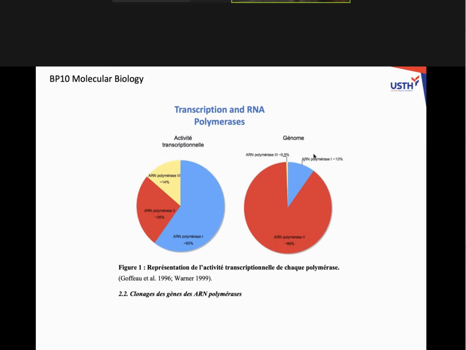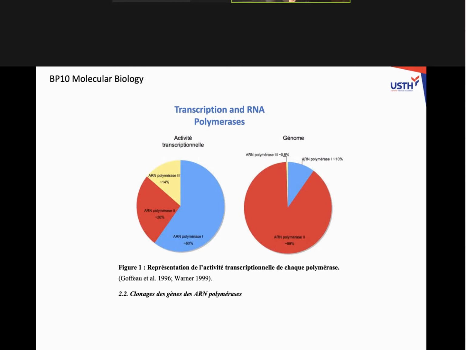And then if you look in the genome, on the right, the chart is a little bit tricky to understand. What they did is they took the genomic sequences and tried to sort, among all the parts of the genome, what is transcribed.